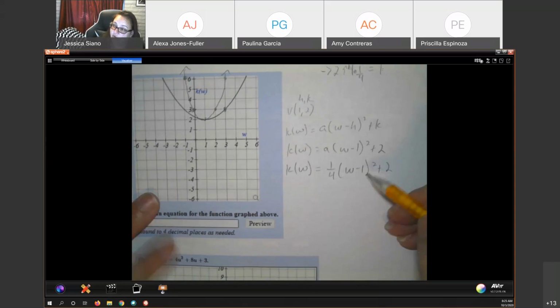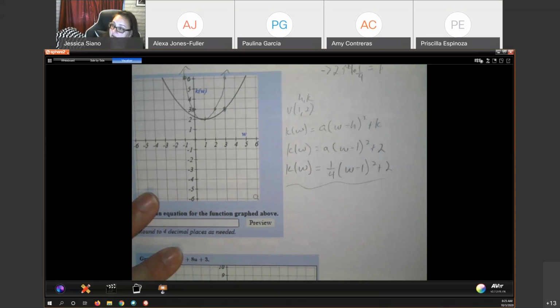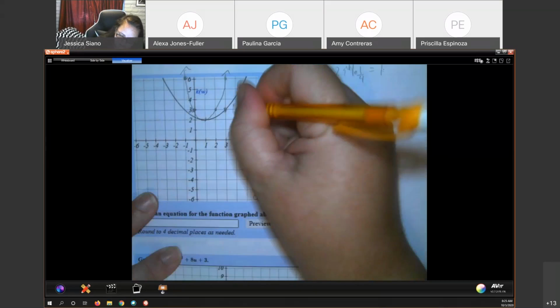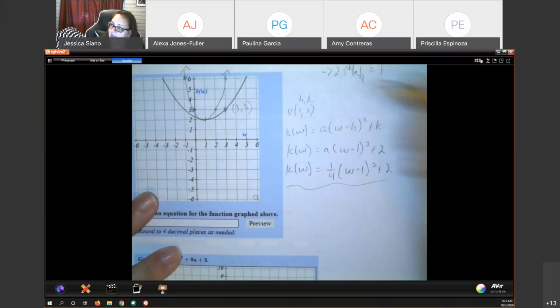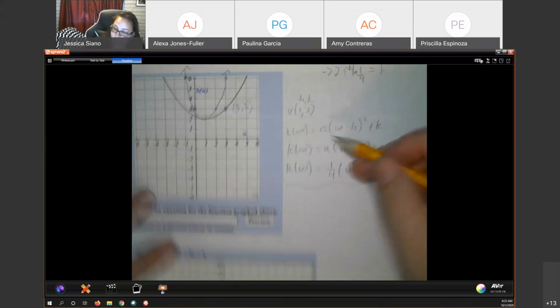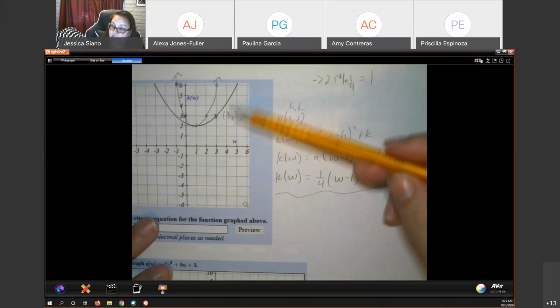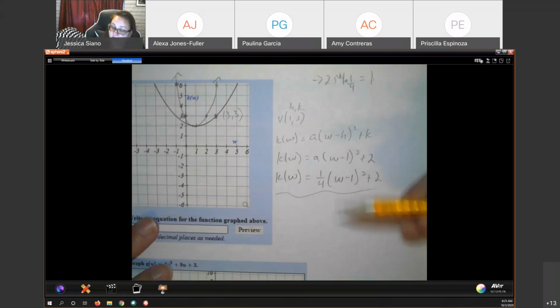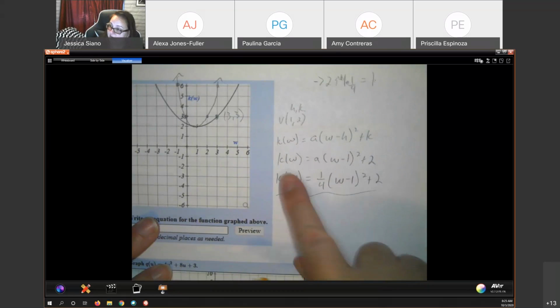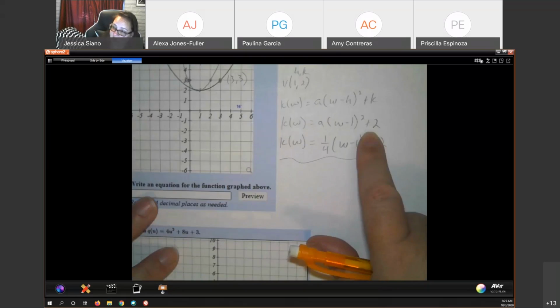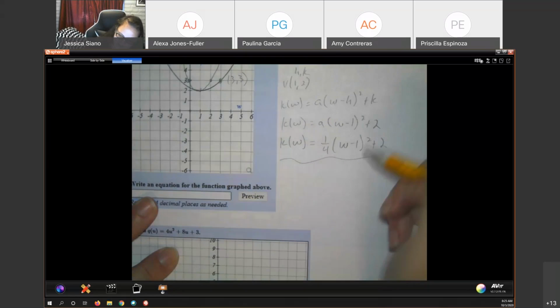Now, if that way doesn't work for you, you have another option. You can take this point, 3, 3, and plug it in for X and Y and solve for A. So let's say I don't know those transformation rules. Then you put in your vertex, and then right here you would say, okay, I know the point 3, 3.